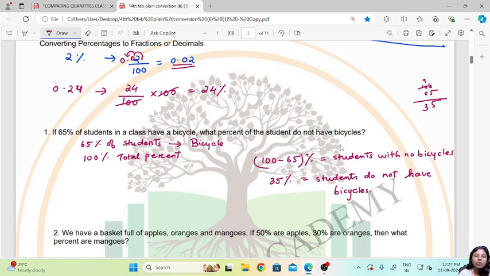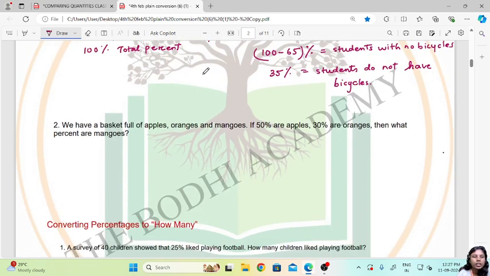Okay, now let's look at the next one. We have a basket full of apples, oranges and mangoes. If 50% are apples, 30% are oranges, then what percent are mangoes? Same way we have to do this sum. Here we can combine these two percentages, that is, find the sum of them.